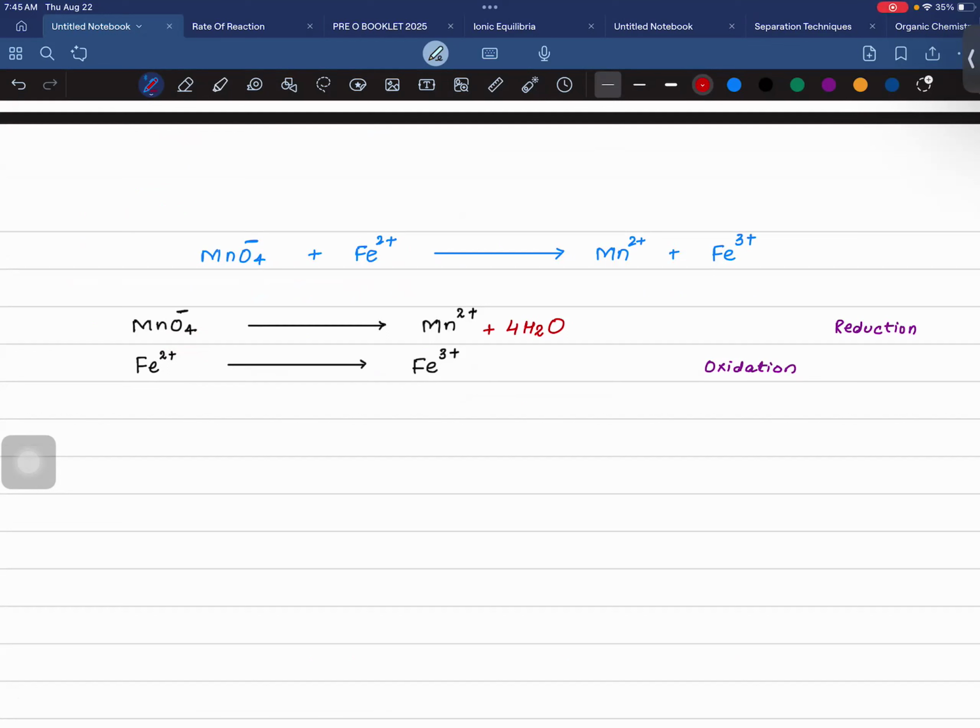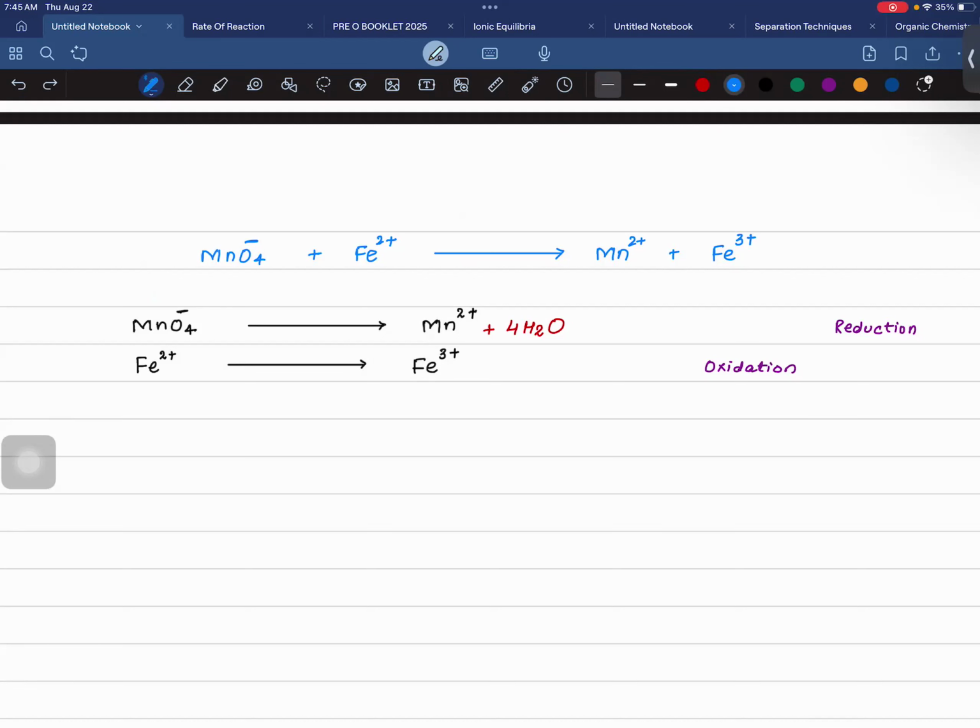Let's suppose the reactant side had 7 oxygen atoms; I would write 7H2O in the product side, because this is the rule. Always balance oxygen by H2O.